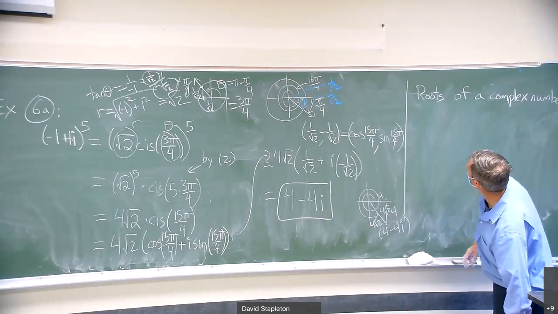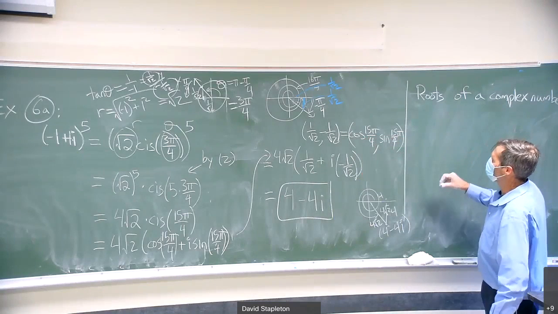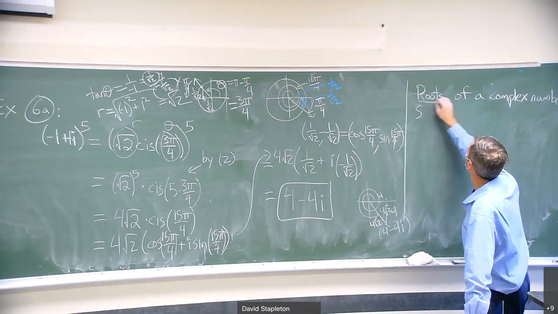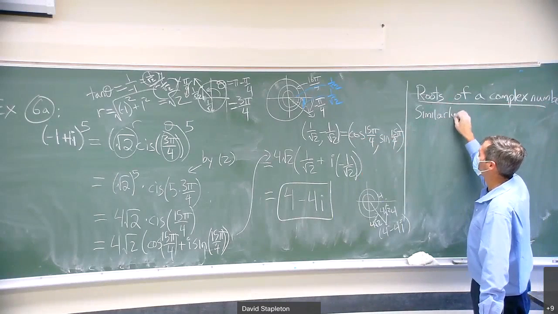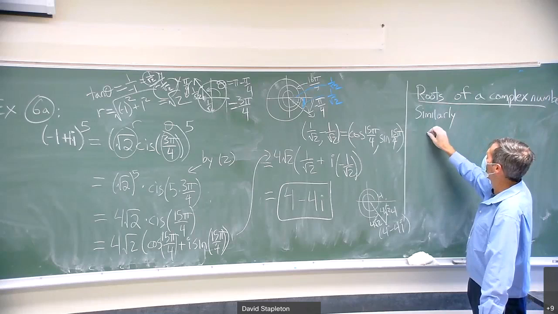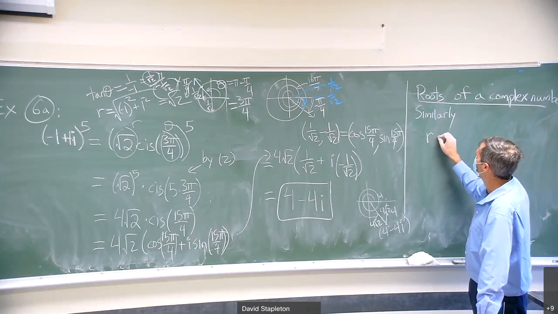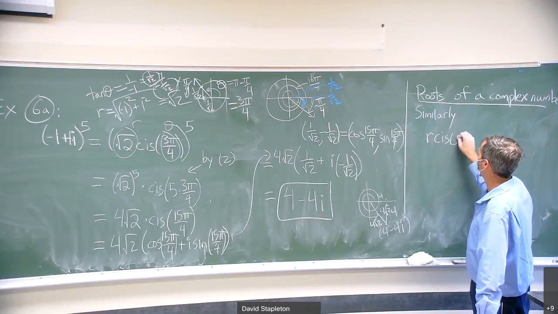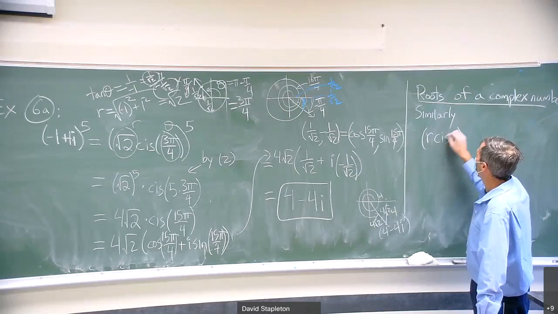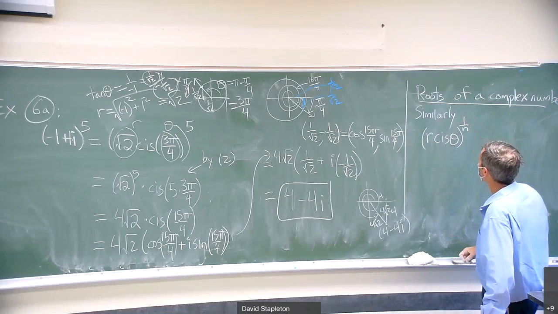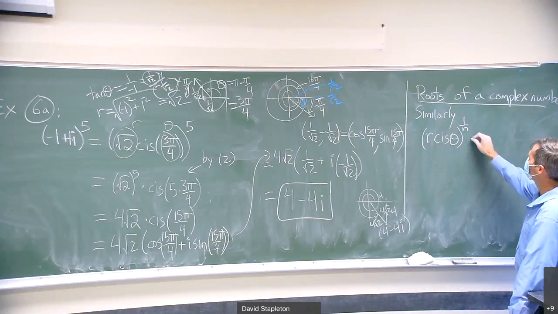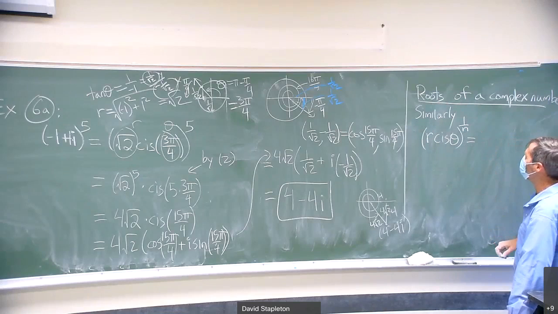All right. So here's roots of a complex number. Similarly to De Moivre's theorem, if you want the nth root of r times cosine theta plus i sine theta, I'll write it as the 1 over n power. One of those I can figure out by De Moivre's theorem, right?